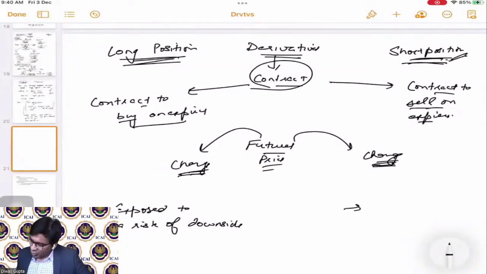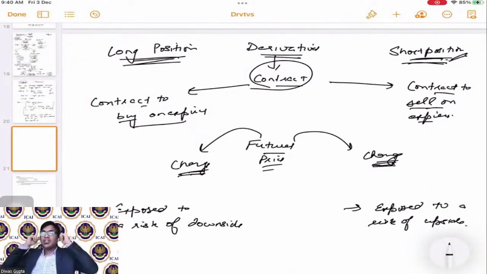The person who has a short position is exposed to a risk of upside. What if the price goes up tomorrow? He will lose. Correct? The entire short selling concept that I have taken all of you through says the price has to go down, then only a short seller will be able to gain. Correct? You're getting my point.